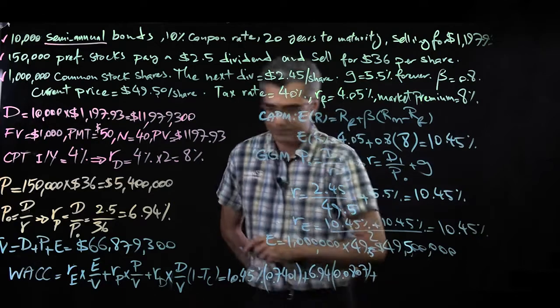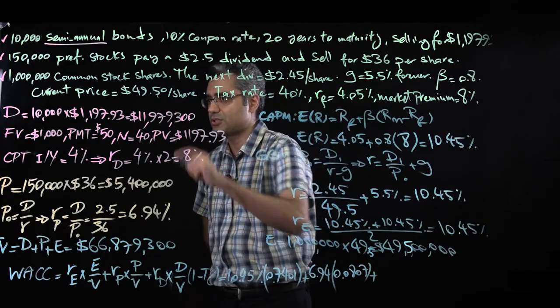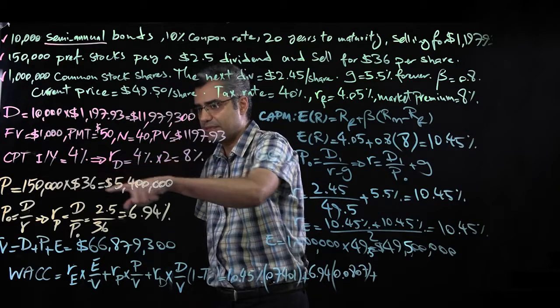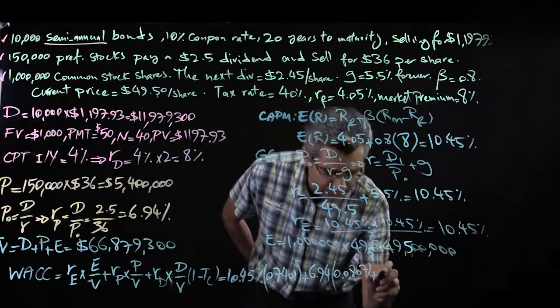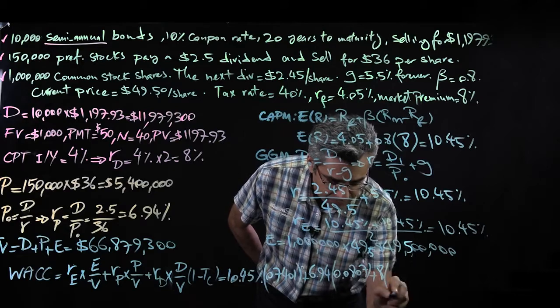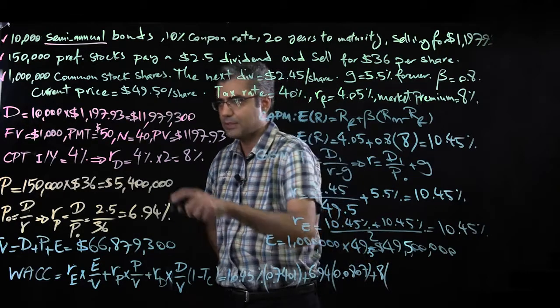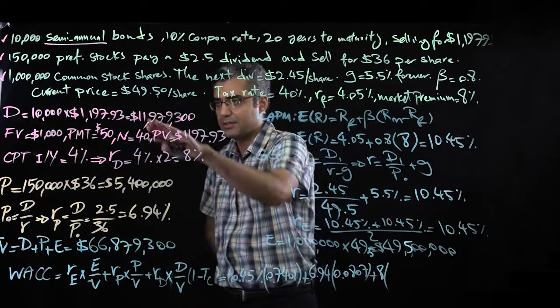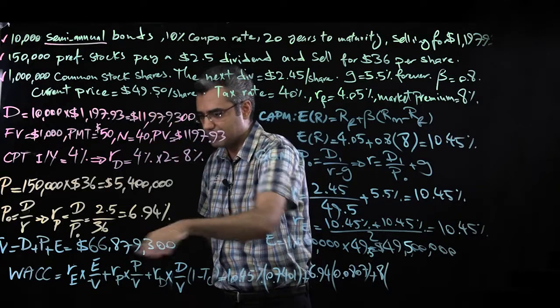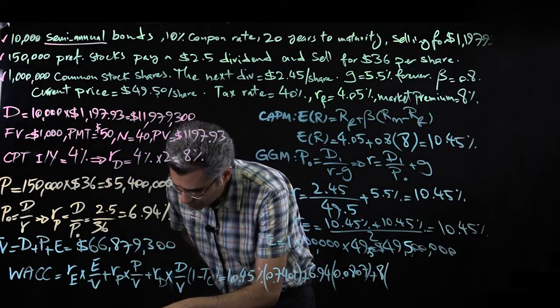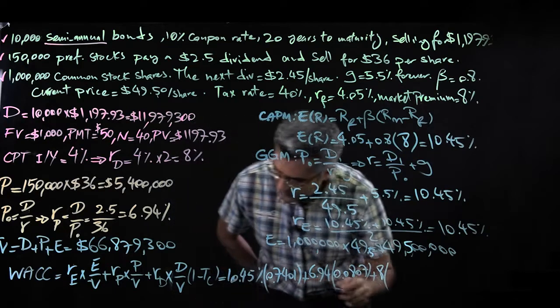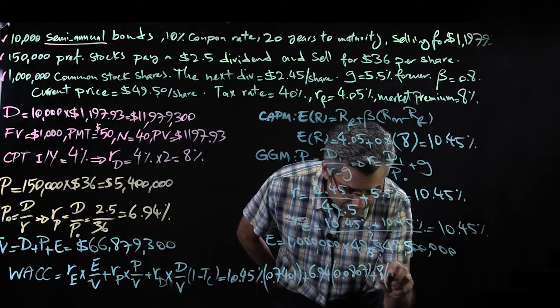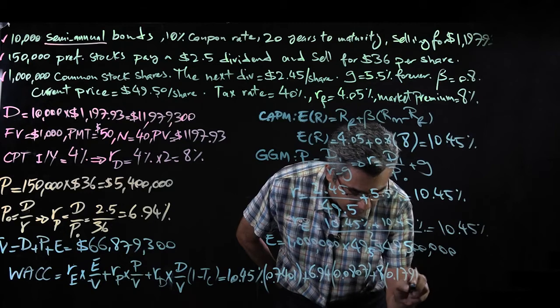Then plus the last one, the cost of debt. The cost of debt we already computed is 8%. 8% multiplied by D over V, this 11.9 million divided by 66.8 million. If you do the calculation, it's 0.1791.